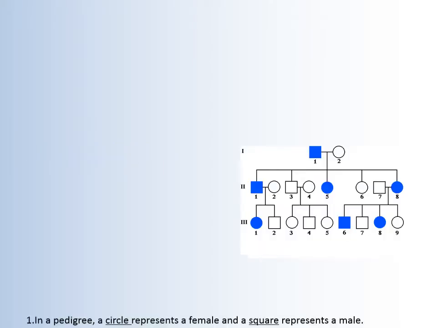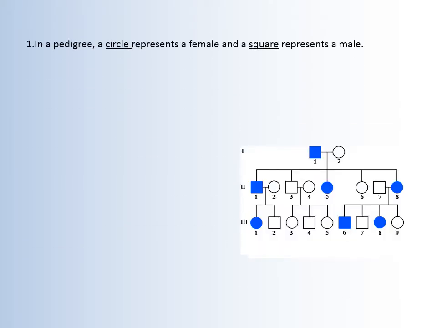So let's look at the symbols that a pedigree has on it. First of all, you have a circle and you have a square. The circles represent females, the squares represent males. The horizontal line that connects a circle and a square indicates who the parents are, or the mating pair.